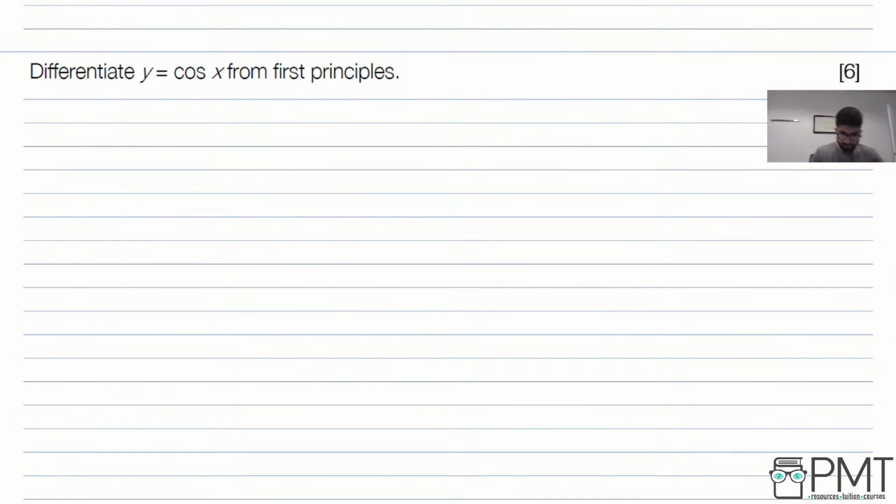So this is the wrong one. Let's not do this. Let's do differentiating, find d/d theta of sine theta.